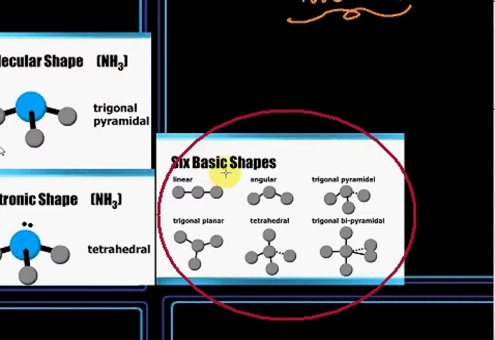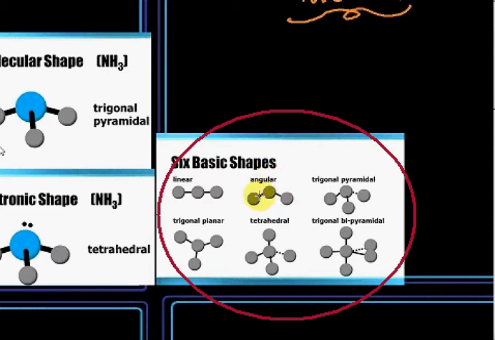The differences are in the basic shapes resulting from the different types of electron pairs. If you have a bond pair and a bond pair, you get a linear shape, meaning that there's equal repulsion. If you've got an angular shape like this, then it probably means that these are 2 bond pairs here, but you may have a lone pair up here that we're just not seeing in the molecular shape, but it does exist in the electronic shape, and that's why you've got this angular shape.